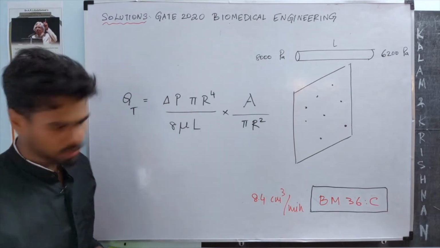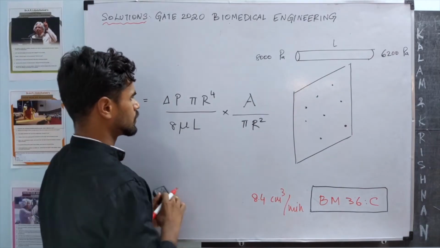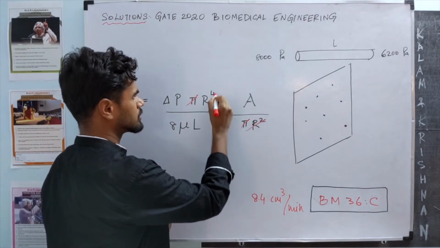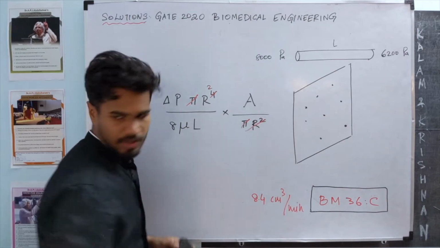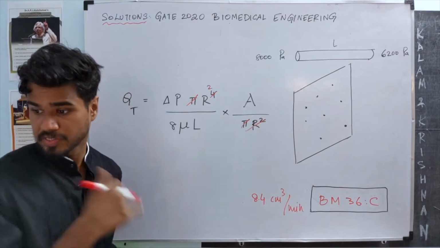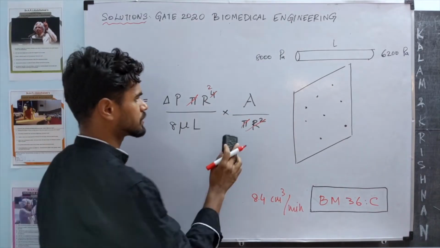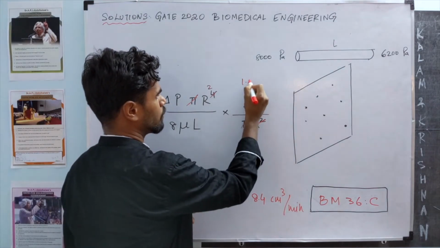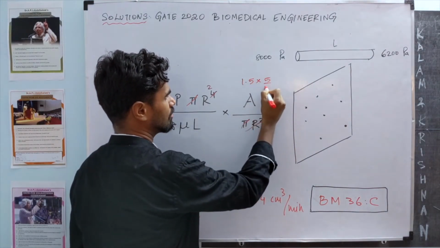So we got pi, and this becomes r power 2. Area is 5% of 1.5 meter square, so this is 1.5 times 5 by 100.